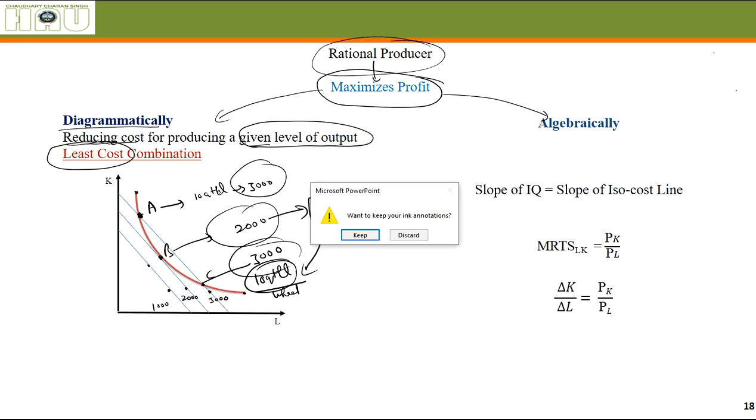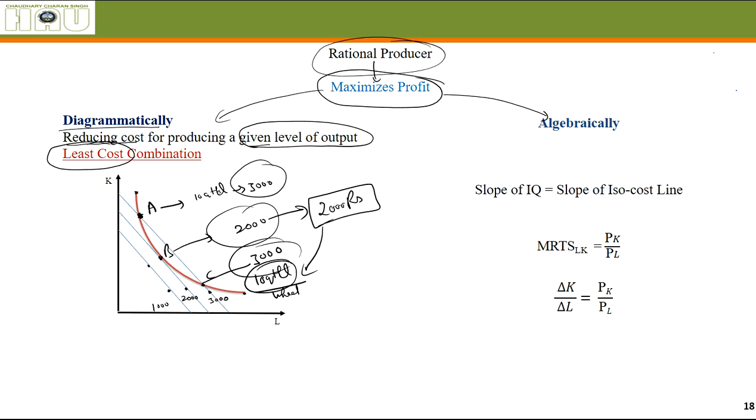This 10 quintals of wheat can be produced at the least cost of 2000 rupees, and 10 quintals cannot be produced with 1999 rupees because the isoquant does not fall on that iso-cost line.